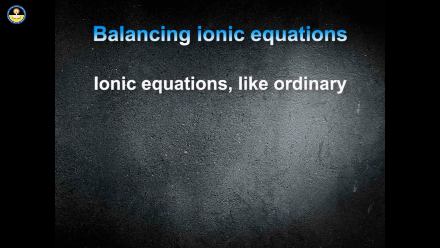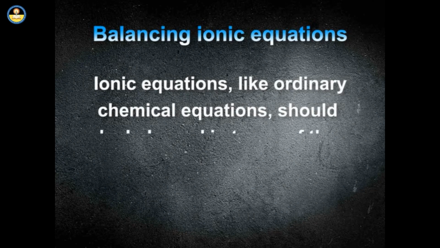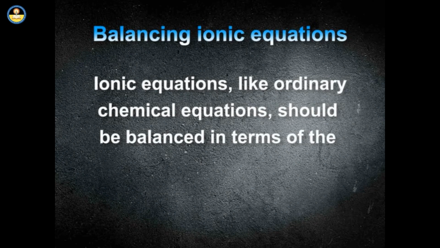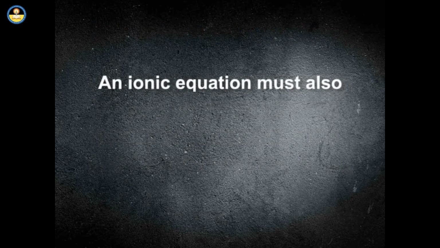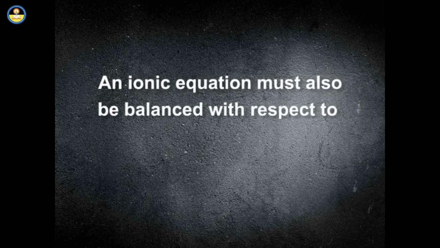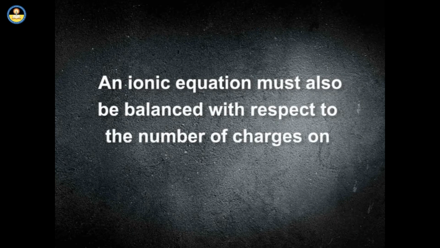Ionic equations, like ordinary chemical equations, should be balanced in terms of the number of atoms of all kinds. Additionally, an ionic equation must also be balanced with respect to the number of charges on both sides.